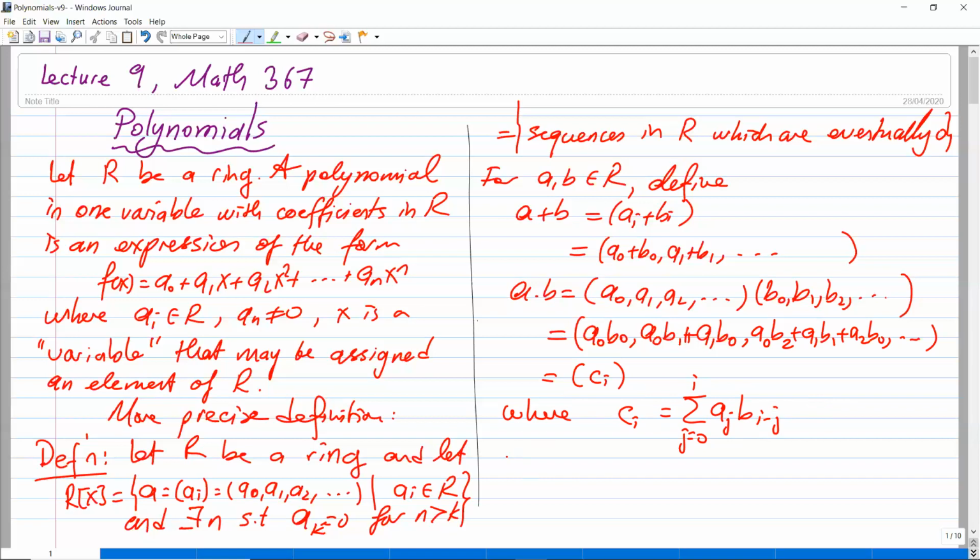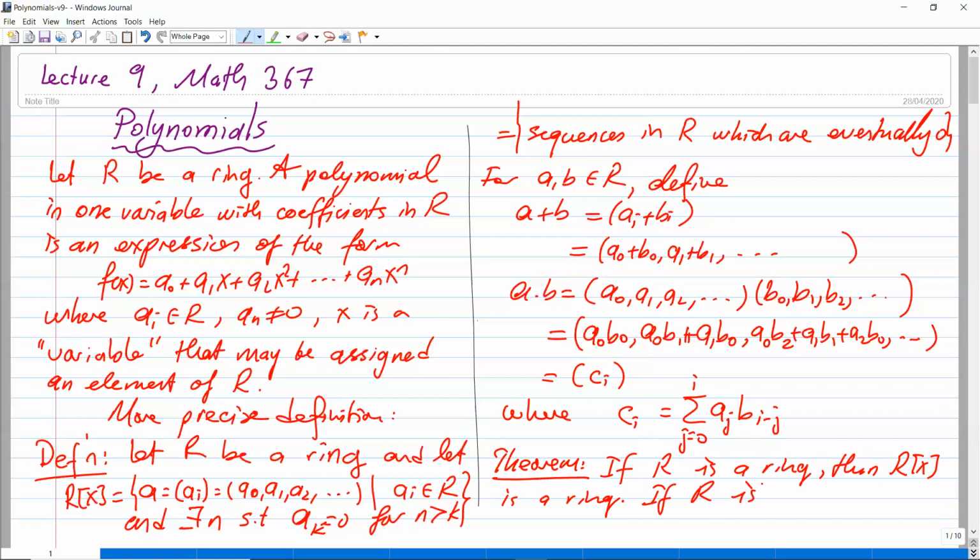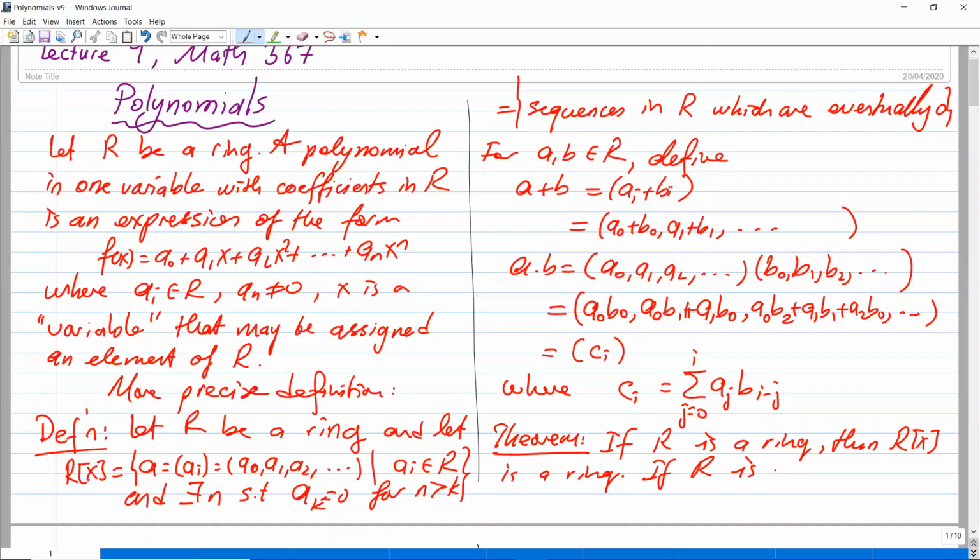So here is a theorem. If R is a ring, then this R[x] is also a ring with the multiplication defined above. If R is commutative, which usually we will have, then R[x] is commutative.